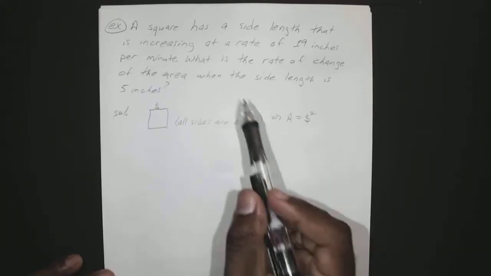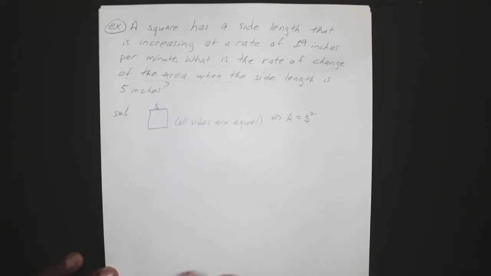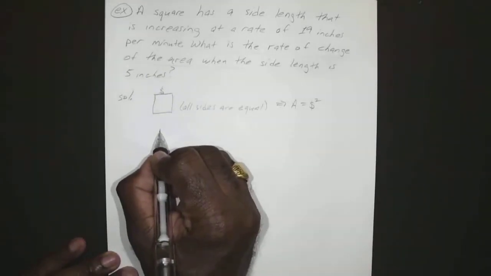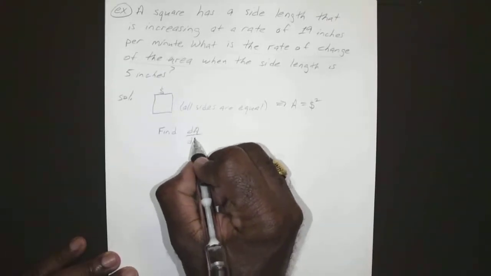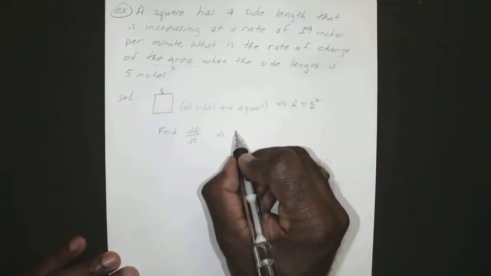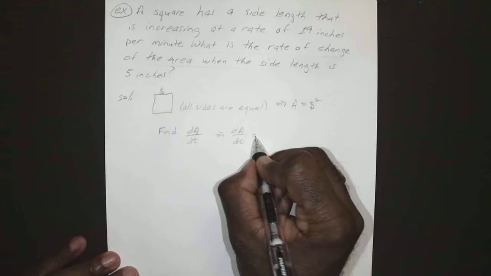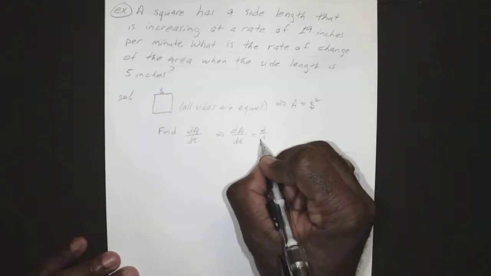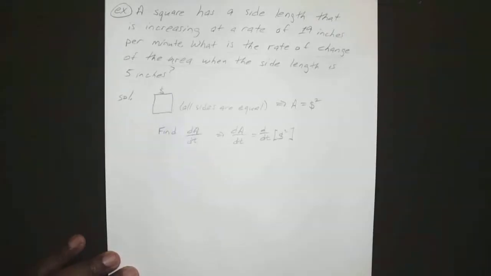Okay, so we're looking for the rate of change of the area with respect to time. Okay, so the derivative of the area with respect to time is equal to the derivative with respect to time of S squared.